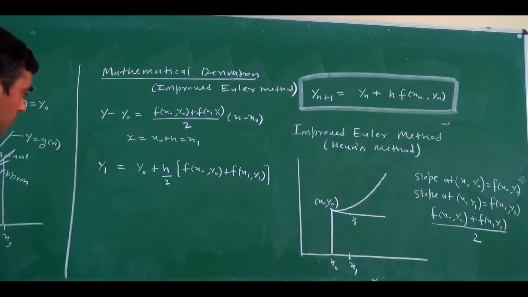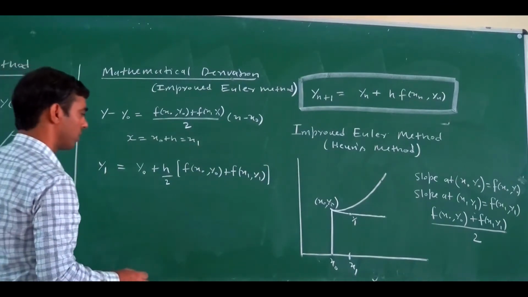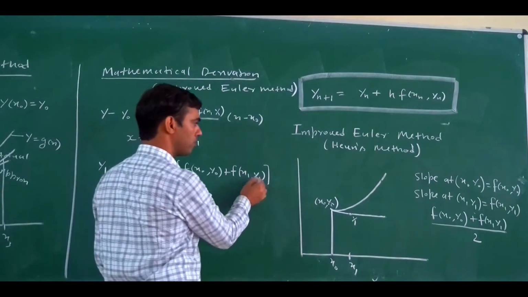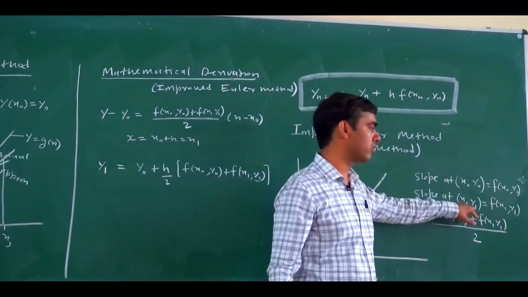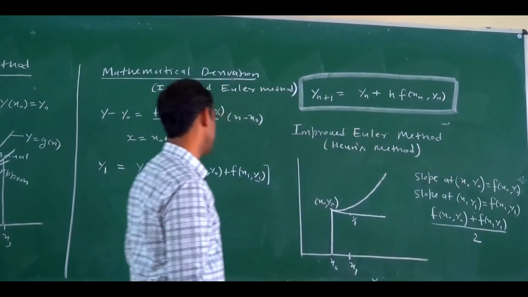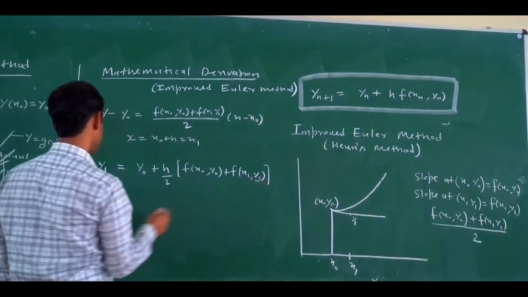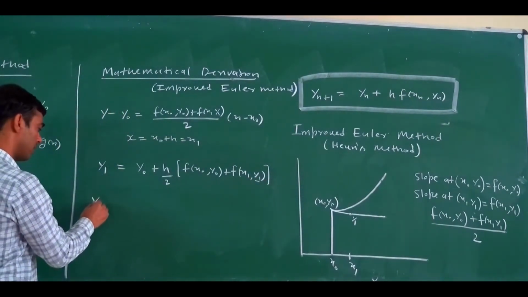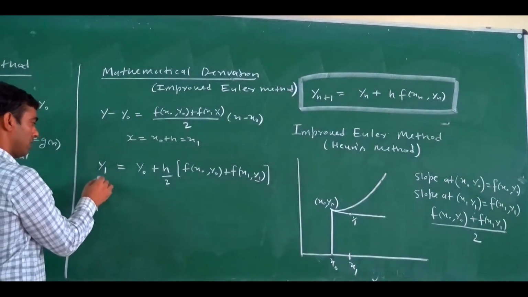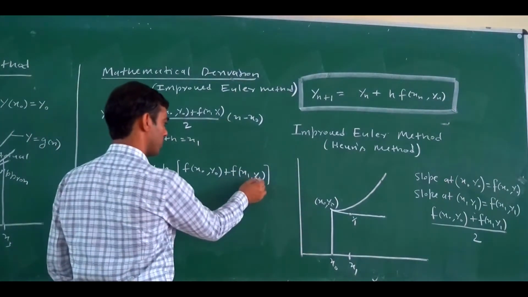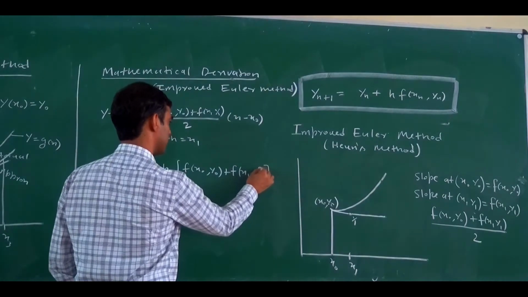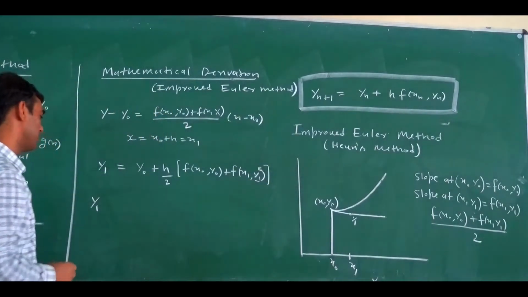Now, here, how do we find the value for y1? We find the value for y1 with the help of the Euler method. If we write this in terms of x0, y0, this y1 is by the Euler method, otherwise this will create confusion.